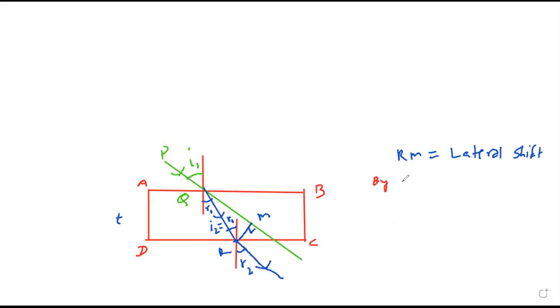By Snell's law for face AB, sin I1 upon sin R1 is equal to the refractive index of the glass slab with respect to air. Equation 1.